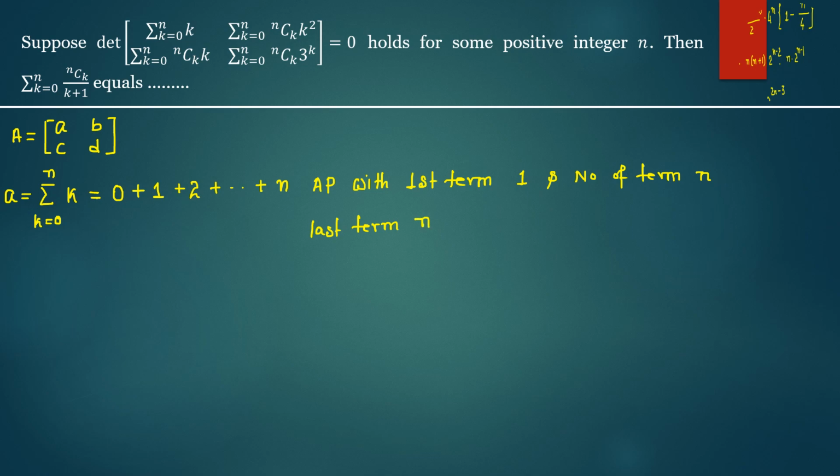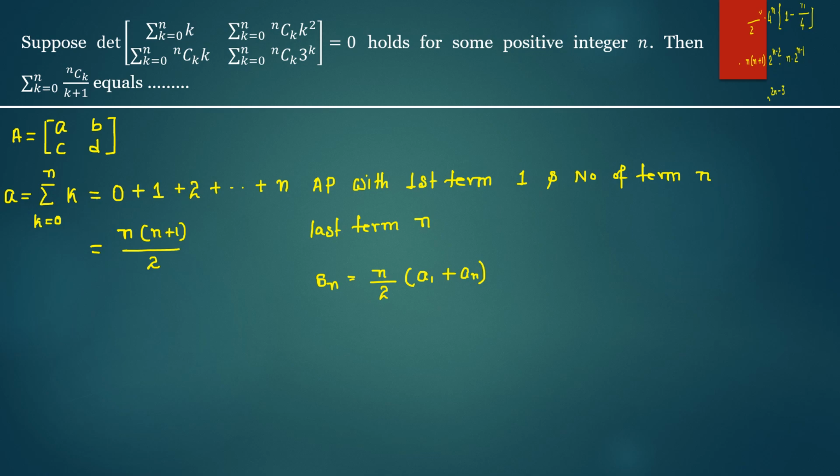Now we know that for an AP series, the sum of the first n terms can be written as Sn is equal to n by 2 times the first term plus the last term. Using this, we can find the value of A is equal to n into n plus 1 divided by 2, correct?